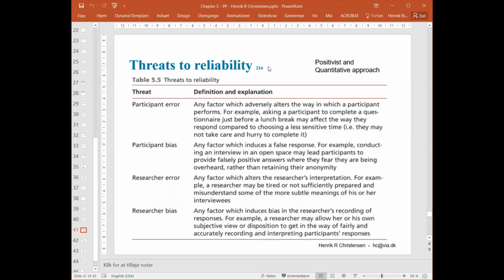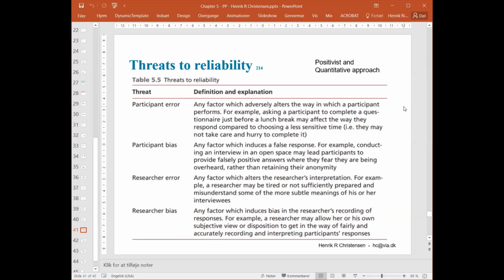It's called threats to reliability. And please note that it's about positivist and quantitative approaches that these mostly apply. Now, when we have what we call participant error, as it says here, any factor which adversely alters the way in which a participant performs.